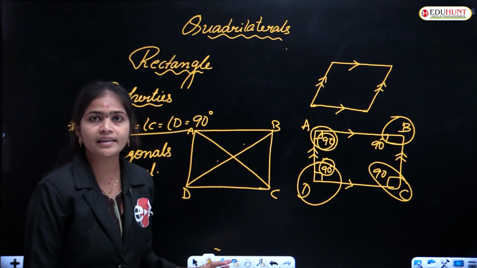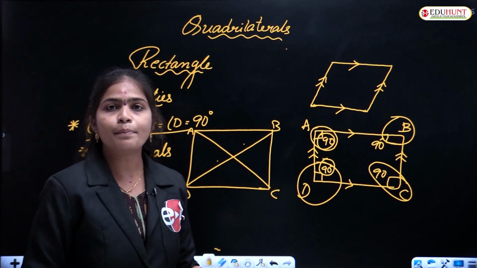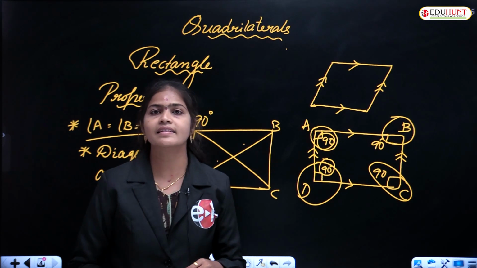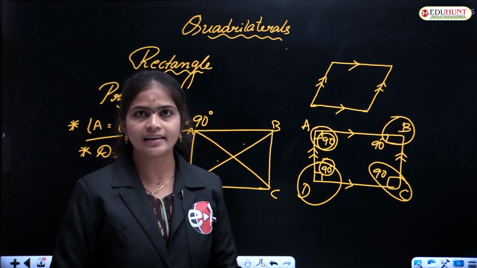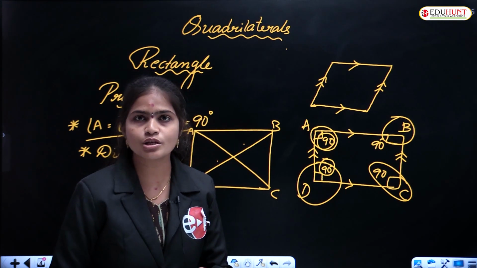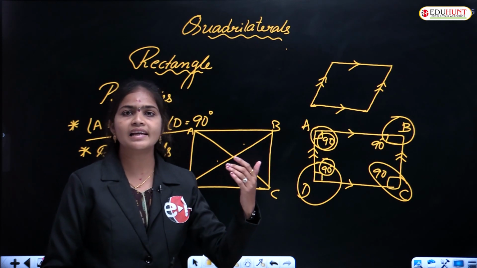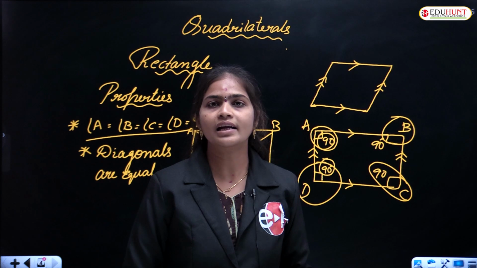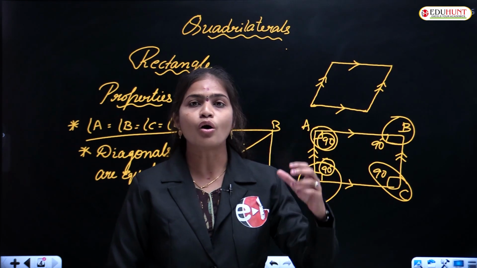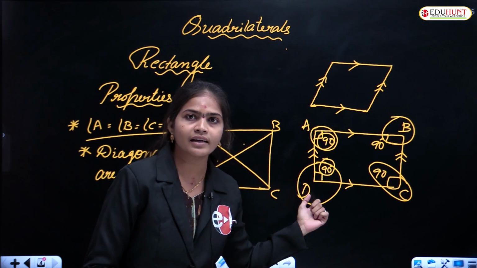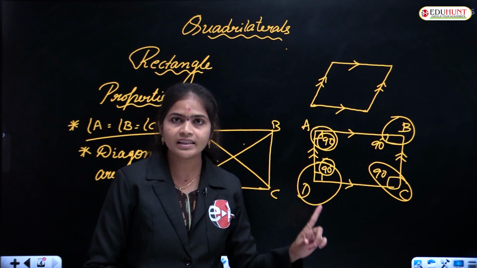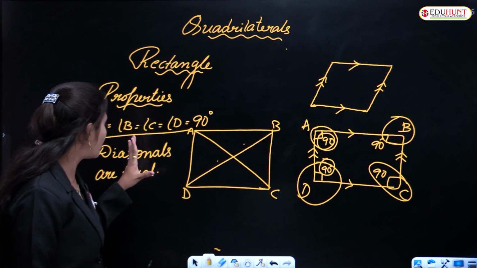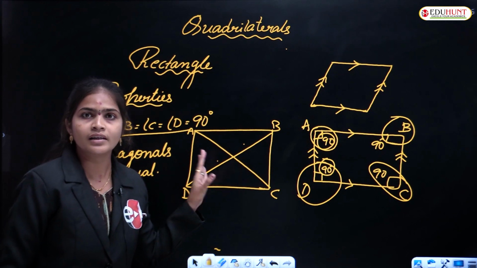So once again I am saying, what is a rectangle? In a parallelogram, if each interior angle is 90 degrees, then that is called a rectangle. Okay. And here what is the first property? All the properties related to a parallelogram, all those properties belong to the rectangle also. Along with the properties of a parallelogram, we have two other properties related to the rectangle.